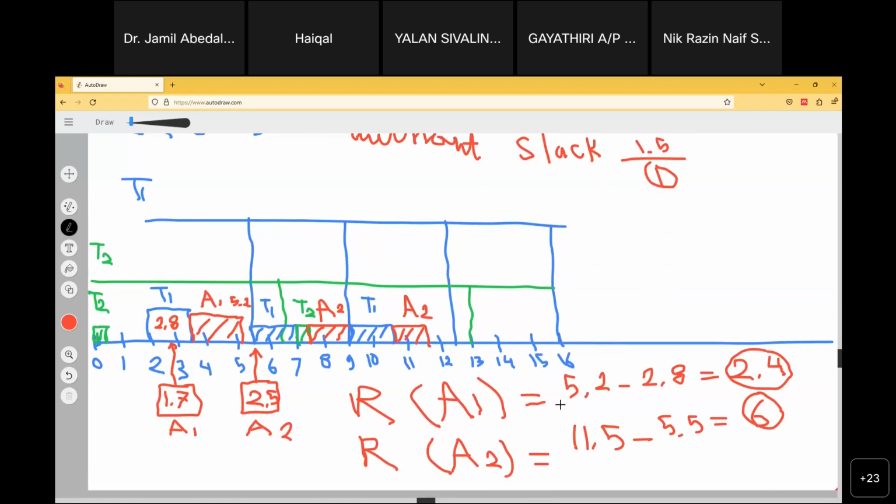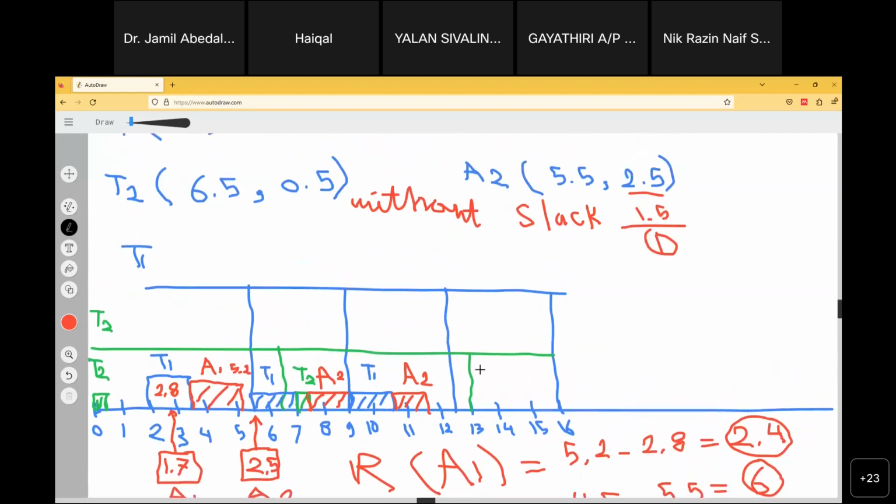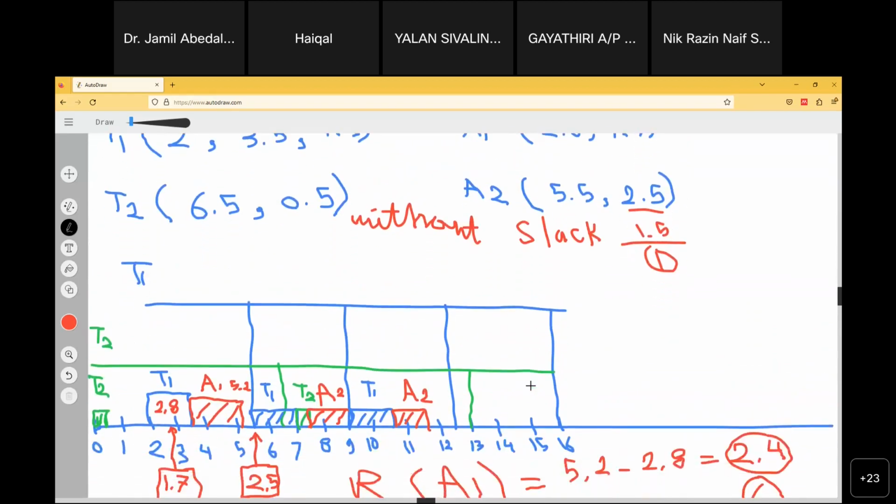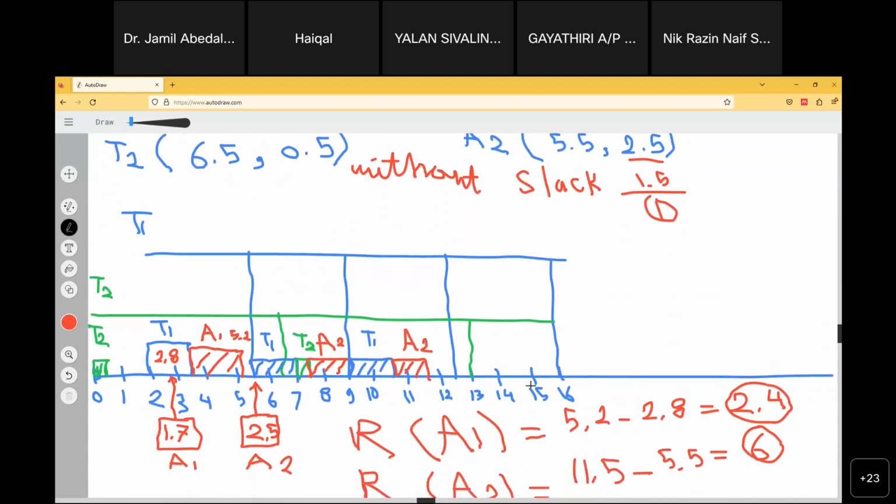Okay, I give you 2-3 minutes break. Just write down your notes here. Then I will show you how to draw the timing diagram using slack stealing scheduling.